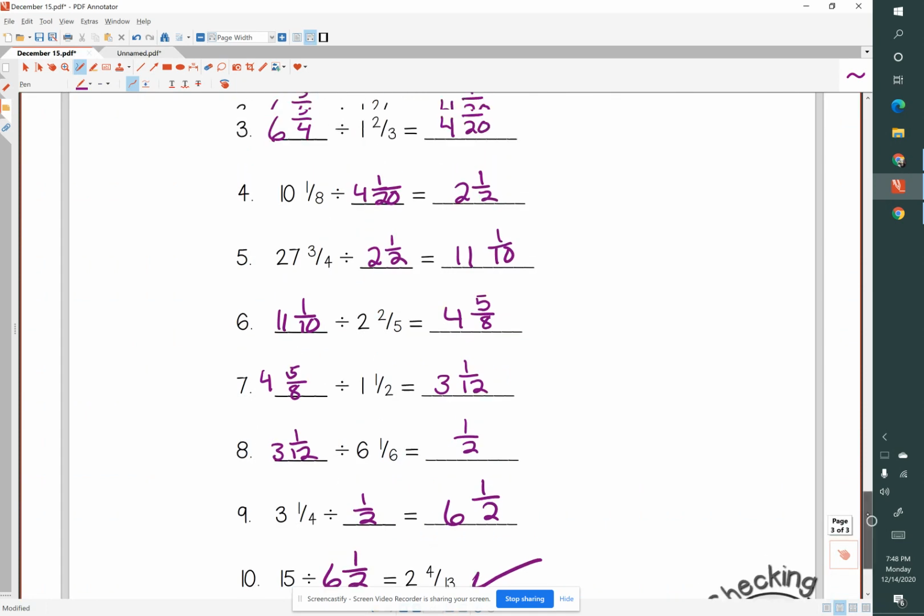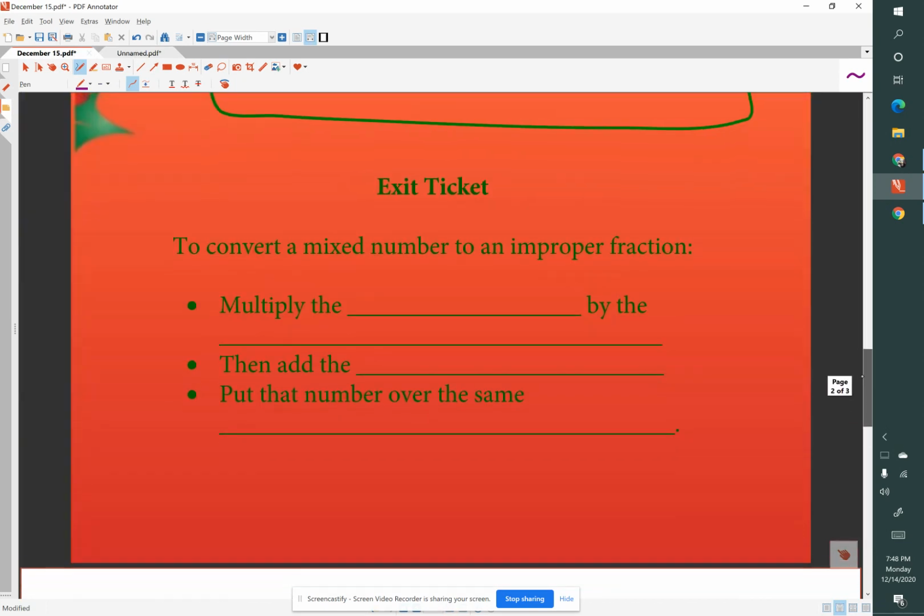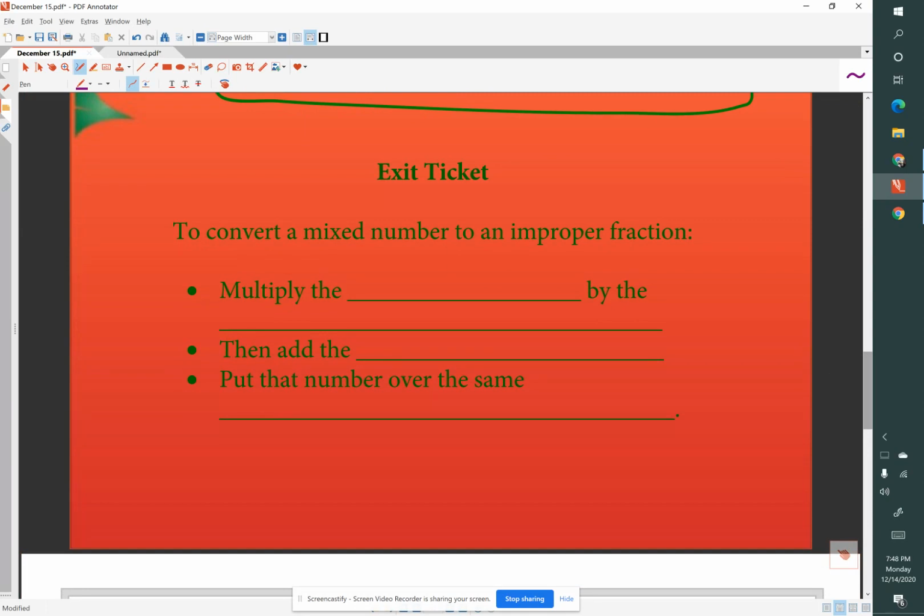Okay, so let's go to the exit ticket. To convert a mixed number to an improper fraction, multiply the whole number by the denominator. Okay, then add the numerator.